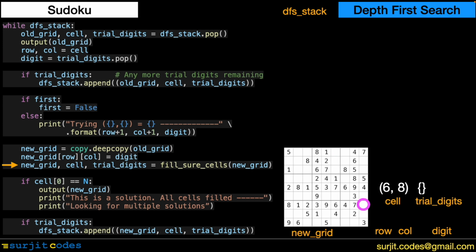After filling 10 more cells, we encounter cell 68 that is left with no choice. This confirms that our problem does not have multiple solutions. Stack is now empty. While loop ends, and with this the program also ends. The output shows the various trial digits and the final solution of Sudoku. For other problems, we only have to change the input grid.